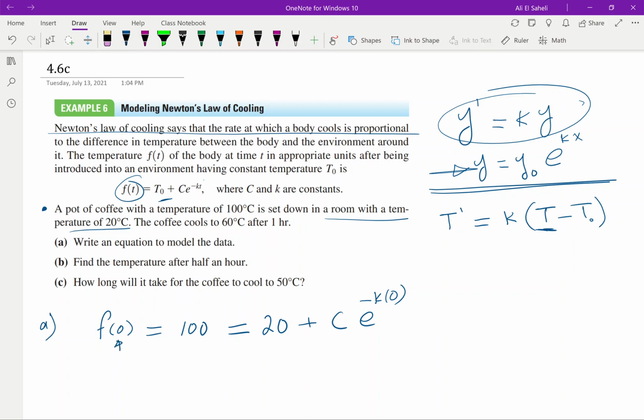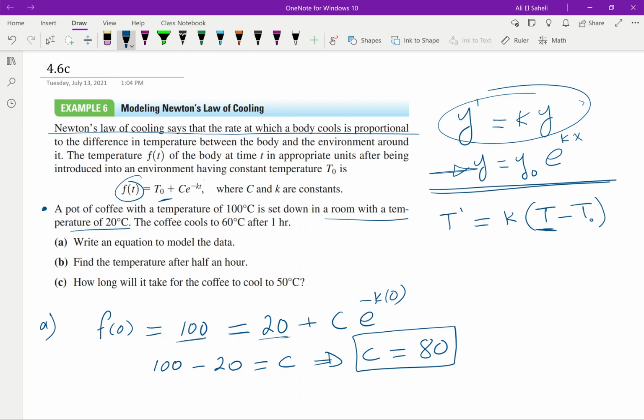All right, e to the power 0 is 1, so what we have is 100 minus 20 equals C. So C is 80. So C is the difference between the initial temperature of the object and the temperature of the room.